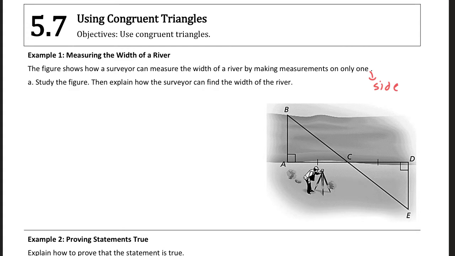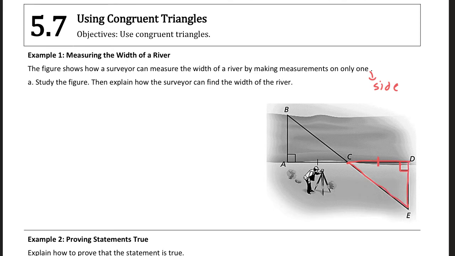So if we look at these triangles, we are looking at a measurement we can make, DC, the length of that. We can create a right angle, and we can create these two segments. Now, the idea is that if I create two triangles like this, these triangles will have to be congruent.